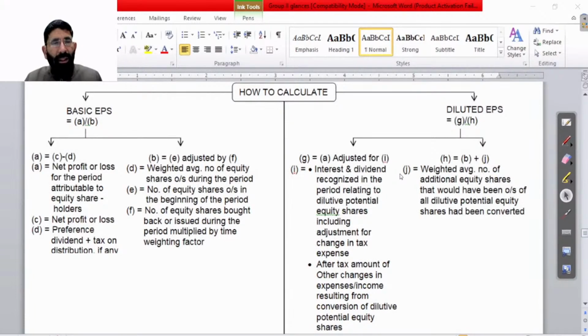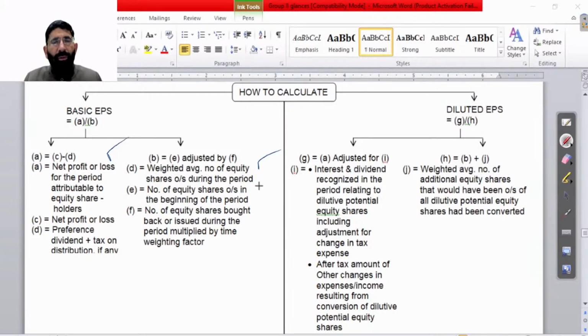In basic EPS, I have already discussed that we first calculate the net profit or loss attributable to equity shareholders, which is to be divided by the weighted average number of equity shares outstanding during the period.